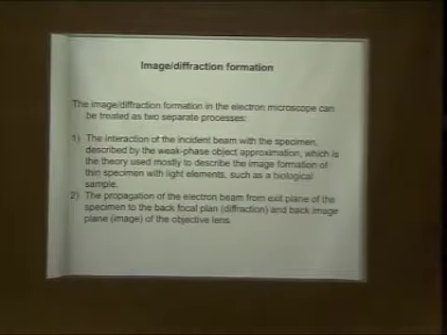The first step is the interaction between the incident electron beam and the specimen. The second step is, once the beam penetrates the specimen and leaves it, that's when the images start forming, and how the beam propagates through all these lenses, making the back focal plane form the diffraction and the back image plane form the image.